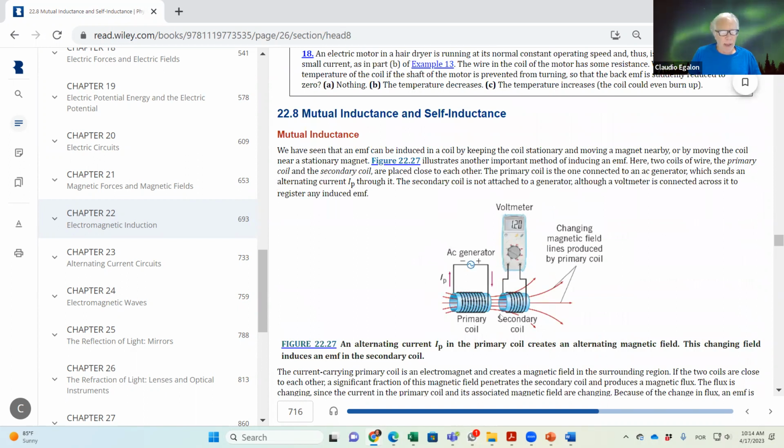Okay, here we have a circuit that's connected to a generator. A generator that we call an AC generator, just like we studied before. So this inductor or this coil or this solenoid has a current that's going back and forth right here. Because it has a current going back and forth, we also have a uniform magnetic field inside this coil. Remember, right? The solenoid is a device that generates a uniform magnetic field.